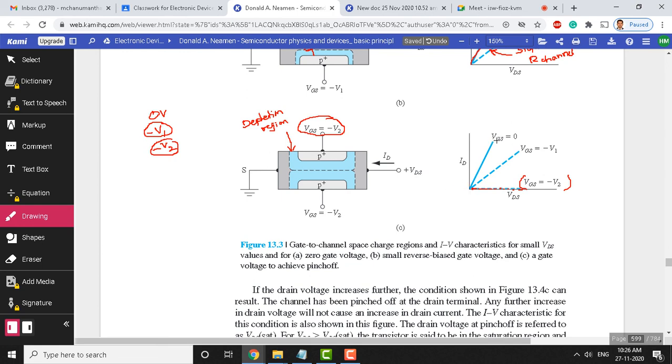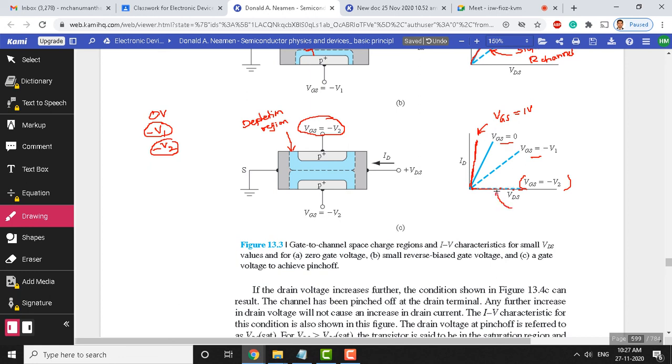So, we have seen for different values of VGS. Further, if you make VGS positive, you may get a curve something like this. This is for say VGS is equal to 1 volt, and the more positive you go, the current sharply increases. But the more negative you go for VGS, the gate source voltage, you can see the curve slope starts decreasing.